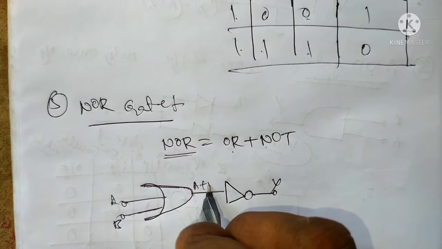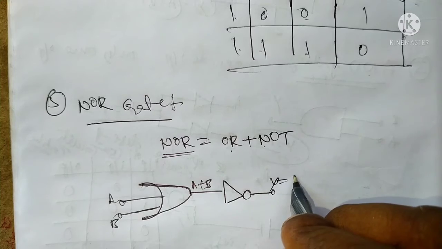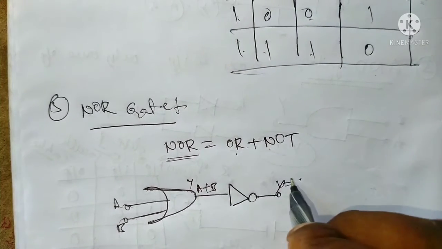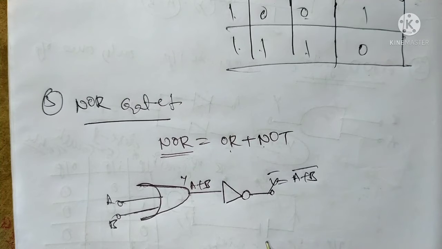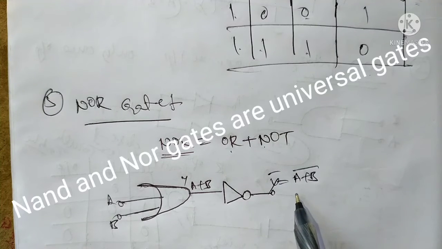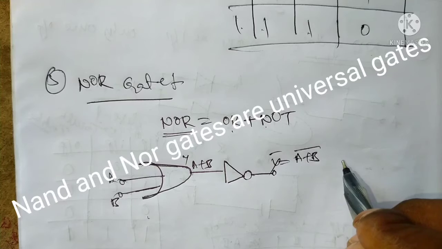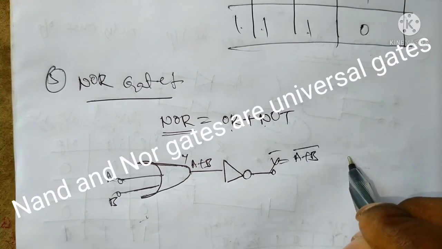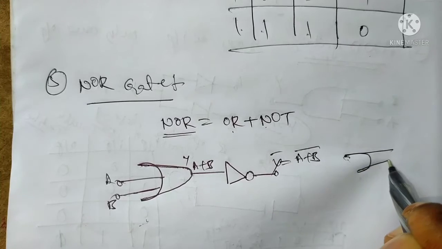A plus B up to here. Here this is Y, this is Y bar, that is A plus B, all barred. That is the NOR gate operation. It can be simply written down like this.